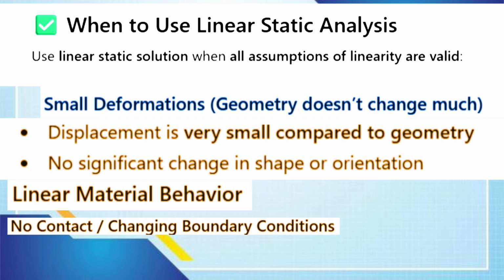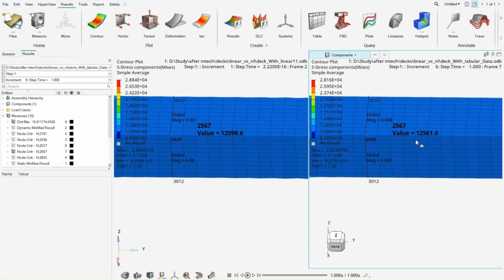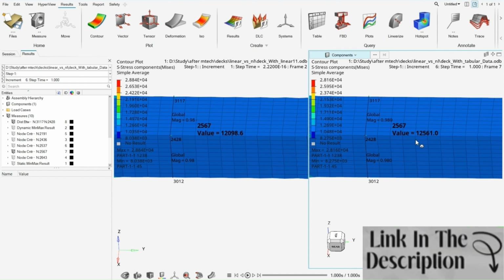And by the way, linear static is quite easy to converge compared to nonlinear static. So for a few problems, we can even use linear static when we know that the deformation isn't going to be much. So that is a quick comparison of the stresses your linear static and nonlinear static are going to give with a small displacement and large displacement solution.